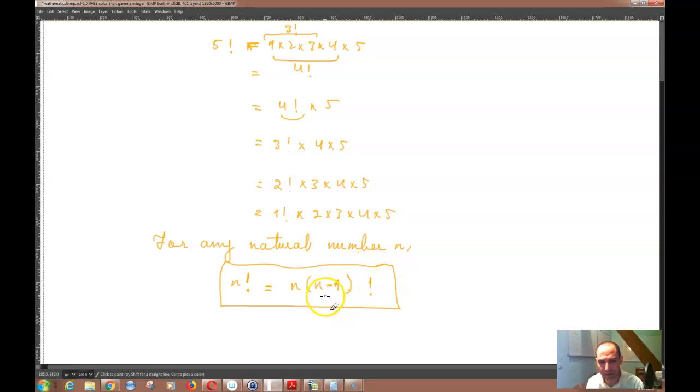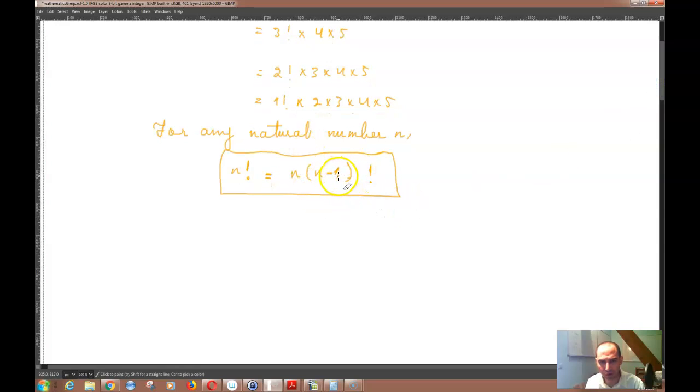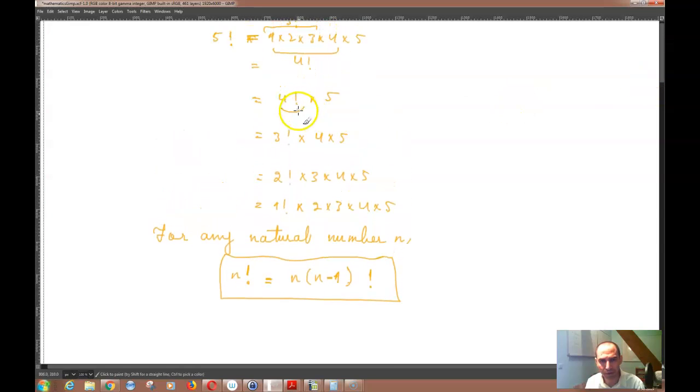And n minus 1 factorial you can write as n minus 2 factorial times n minus 1. So then I can write this as n times n minus 1 times n minus 2 factorial. And you can just keep going by the same logic.